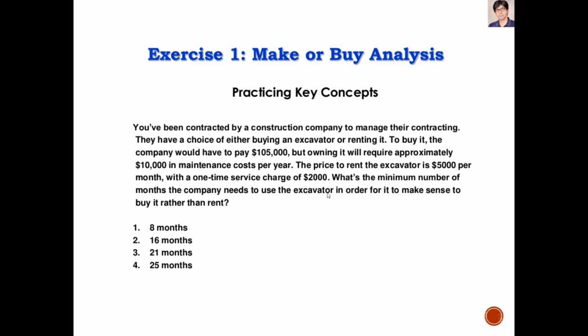So the company would have to pay $105,000 for an excavator, but you're also going to be at about $10,000 a year in maintenance costs. The price to rent the excavator is $5,000 per month with a one-time service charge of $2,000. So what's the minimum number of months the company needs to use the excavator in order for it to make sense to buy it rather than rent?